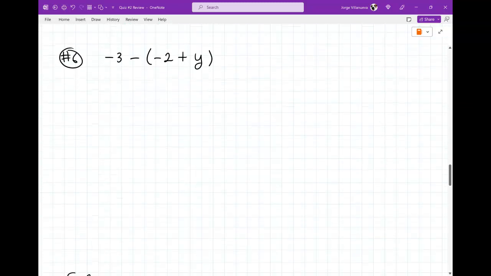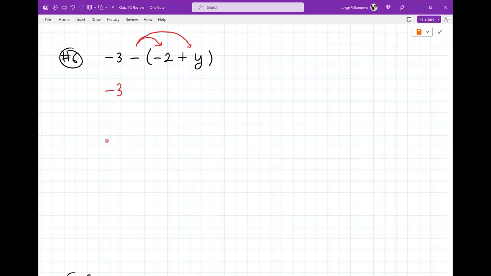All right, question number 6. Negative 3 minus the quantity of negative 2 plus y. There's a lot of negatives in this problem, but mostly because I want to remind you guys that if there is a negative in front of a parenthesis, you're going to change it up. You're going to distribute it in, so it's going to change things inside. Okay? So we have negative 3 plus 2 minus y.